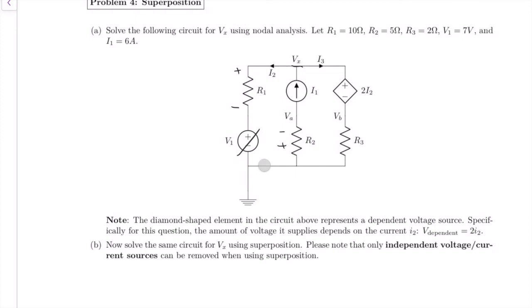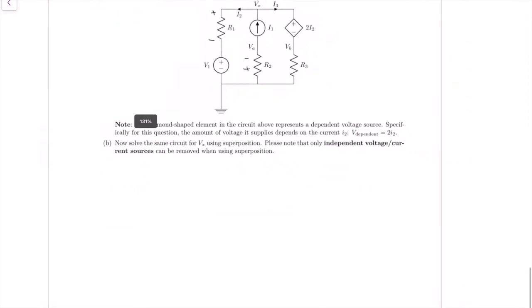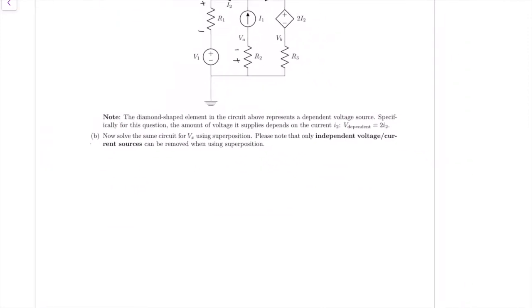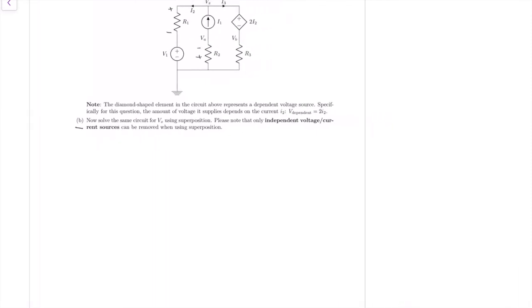I believe you guys probably did some sort of a proof in class. But for the purposes of problem B, superposition works, so we can use it. One more thing you can't do is use superposition for dependent sources, and so we're not going to do that.